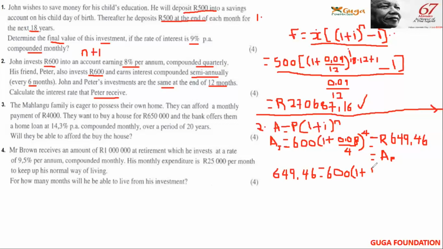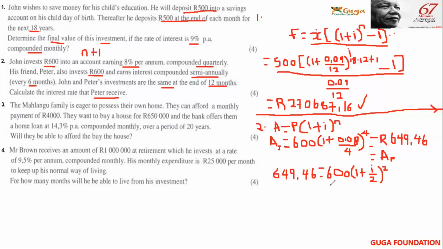Don't forget, because it's compounded semi-annually, i divided by 2, to the power of 1 year, so it will be to the power 2.